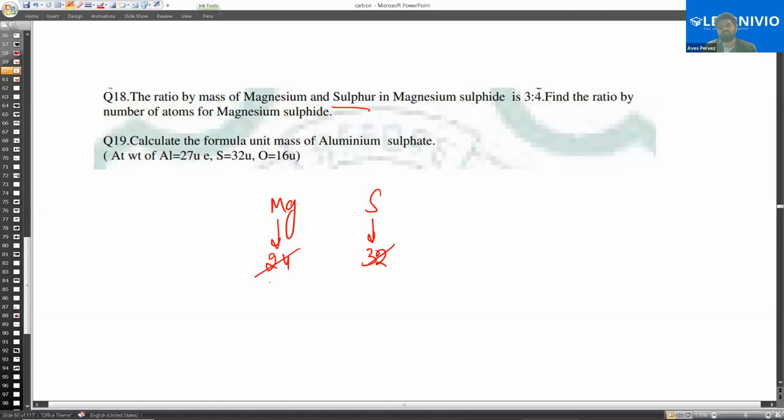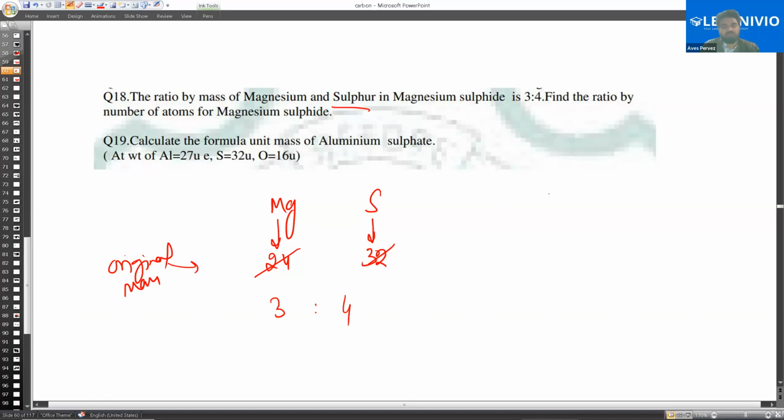So what you are getting here is the mass ratio. Original mass ratio is 24 to 32, if you cut it with 8, it is 3 and 4. So when we have one magnesium and one sulfur, then it has a mass ratio of 3 is to 4.